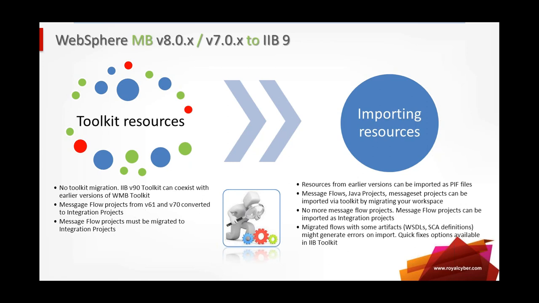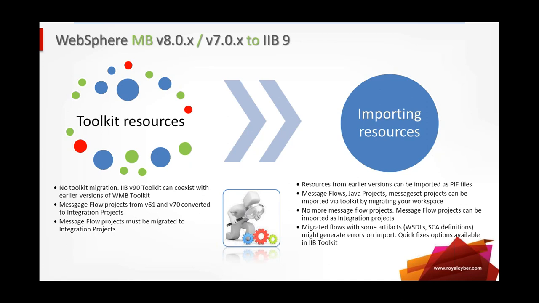When you open that workspace in the IIB 9 toolkit, it will automatically migrate or convert all the artifacts into the new toolkit. That's the only thing you need to do.